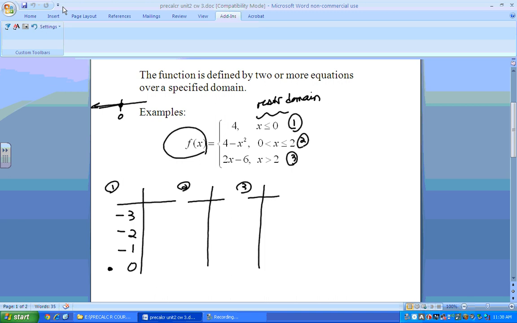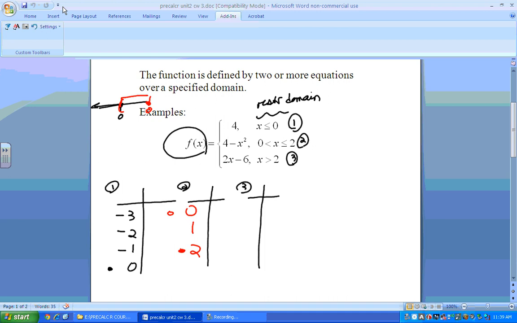The second one says, oh, you're allowed to use from 0 to 2. You can't use the 0, but you can use the 2. So I want all the numbers between 0 and 2. 0 is open, 2 is closed. So for that little segment, I'm going to use that domain and all the little numbers in between them.